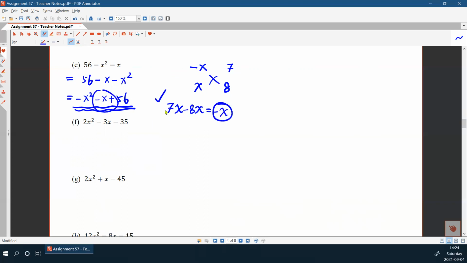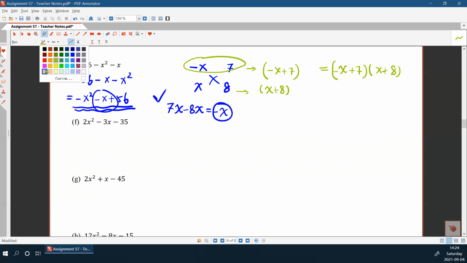So this combination is workable. Now, from this, we can see that the first term is minus x plus 7, right? And the second term is x plus 8. All right, so the original expression can be factored to minus x plus 7 times x plus 8, right?